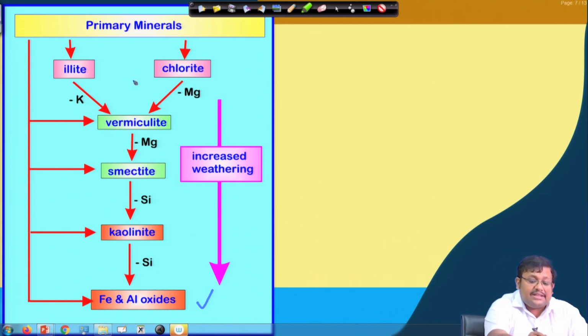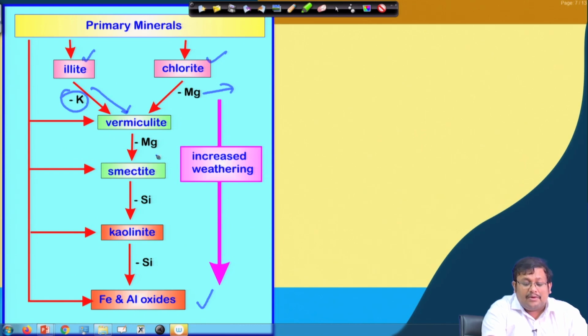The primary minerals first develop into illite and then chlorite, and then by removing the potassium from the interlayer space of the illite, it develops into vermiculite. Also in the case of chlorite, when the magnesium hydroxy interlayer sheet is removed due to chemical weathering, it collapses into vermiculite.